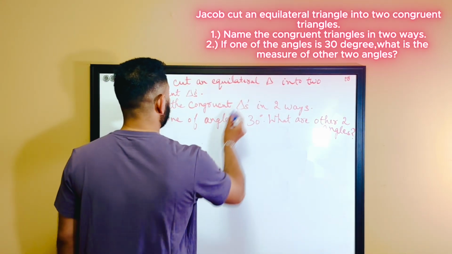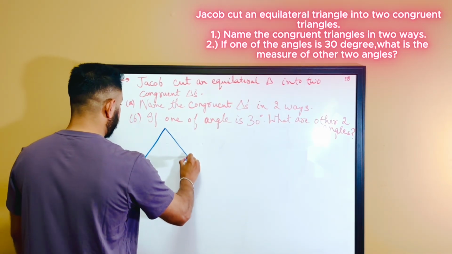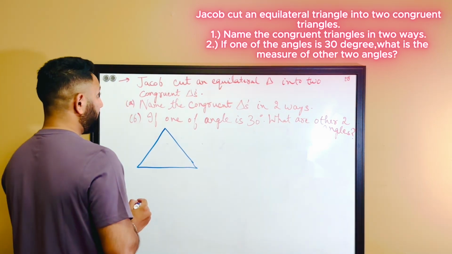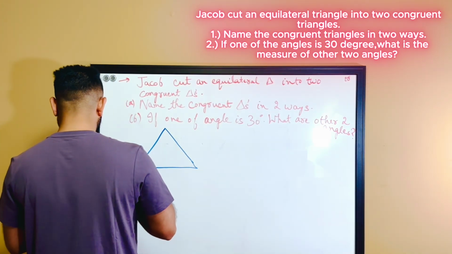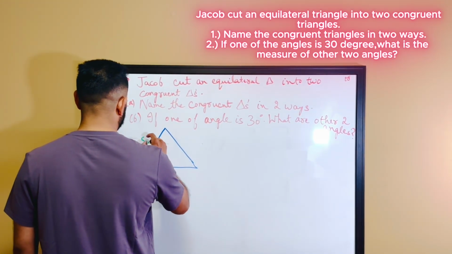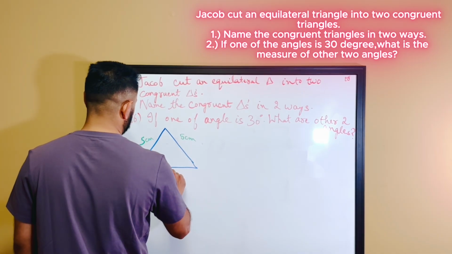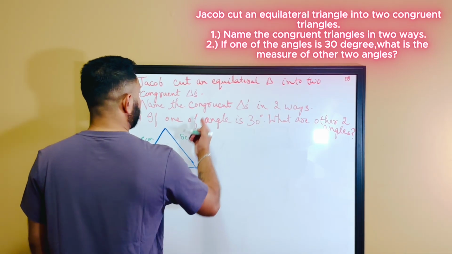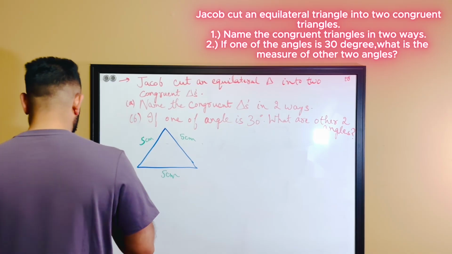So we are given an equilateral triangle. Equilateral triangle means all the sides are equal. So let's suppose the side is 5 centimeter, and also this equilateral triangle is cut into two congruent triangles.